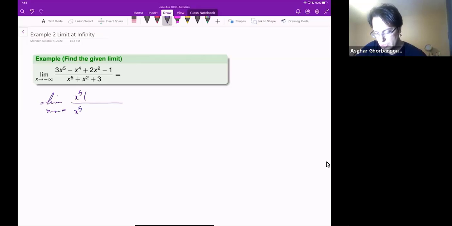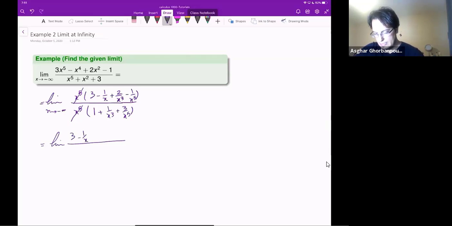In the numerator, 3 minus 1 over x plus 2 over x cubed minus 1 over x to the power 5. In the denominator, 1 plus 1 over x cubed plus 3 over x to the power 5. And then you cancel these two. You will get the limit of just the simple case.